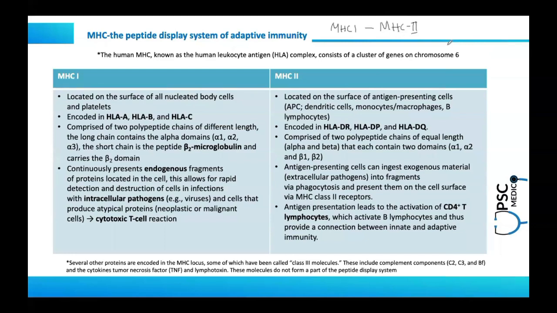Their basic function is they present antigen, but they are not antigen presenting cells. They are actually a complex which is present on the antigen presenting cell. Take an example of an APC, that is the dendritic cell, which has dendrite-like structures.